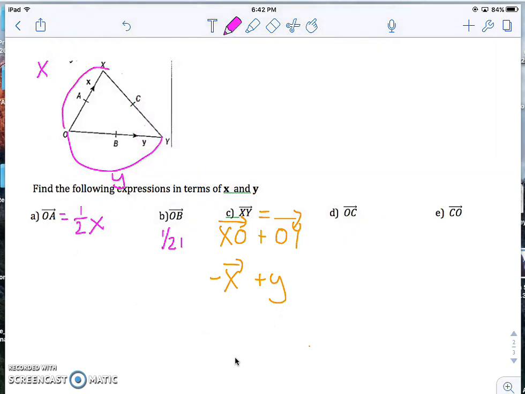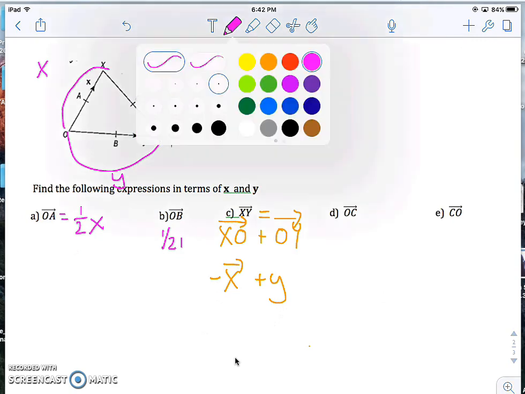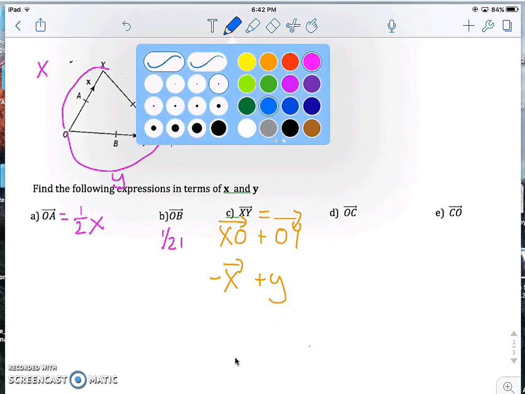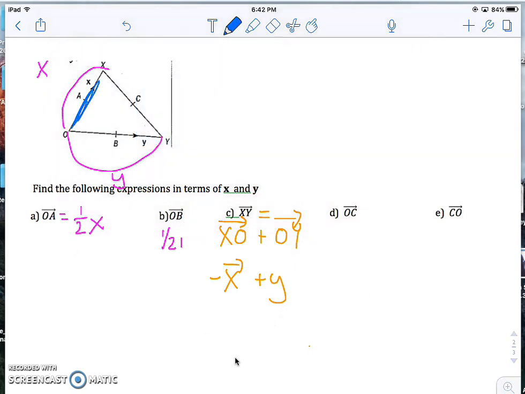We want to go from O to C. To get from O to C, we can go O to X plus X to C. O to X, we know that is X. Well, we found X to Y. I'm going to label that.